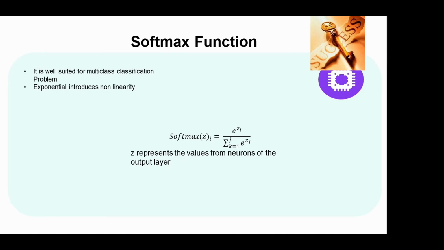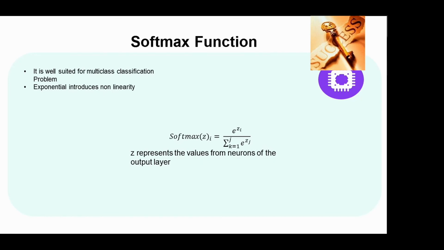And here the formula of softmax is e to the power zi divided by, suppose you have 4 classes, the sum over k equals 1 to j of e to the power zj. In the last part you have to add all the classes' probabilities, and in the first part you take only one class probability.